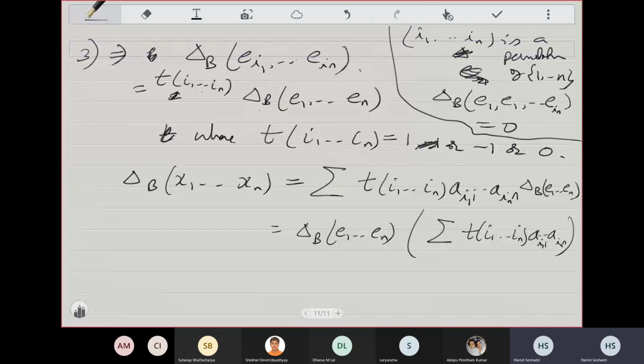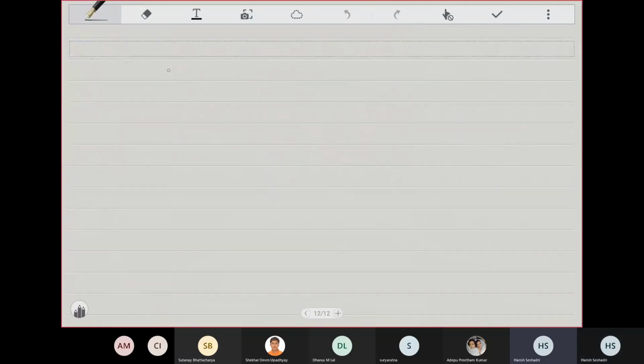Now we are almost done. So basically, from the way we have defined things, this delta B e1 up to en, what is this? Anyone? Determinant of B. Because remember, this was just determinant by definition.